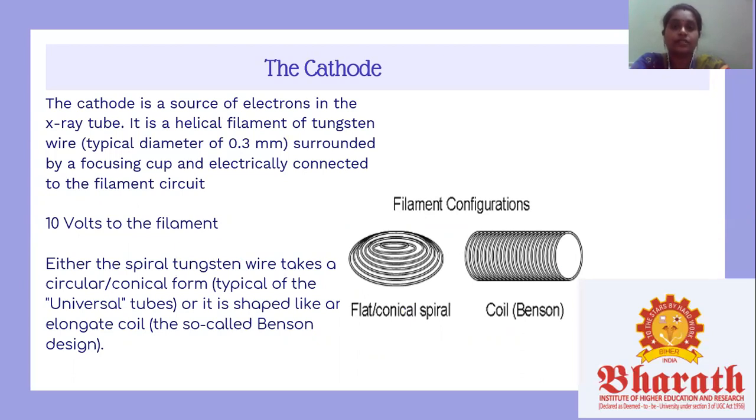Either the spiral tungsten wire is used here, or else it takes a circular or conical form, which is called universal tubes, or it is in the shape of an elongated coil, the so-called Benson design. So one is a flat or conical spiral, and the other is like a coil, which is called Benson.